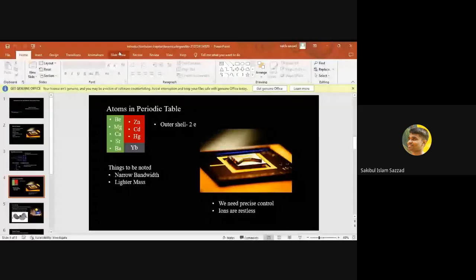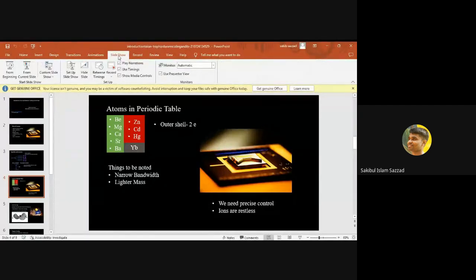I should go to slideshow mode. We can't see your screen in full screen mode. Your screen is visible, but not in the slideshow mode.